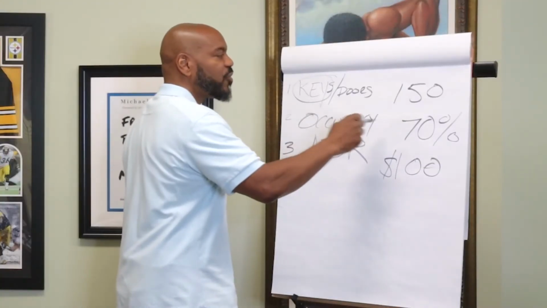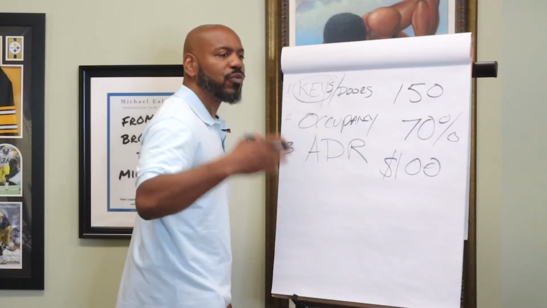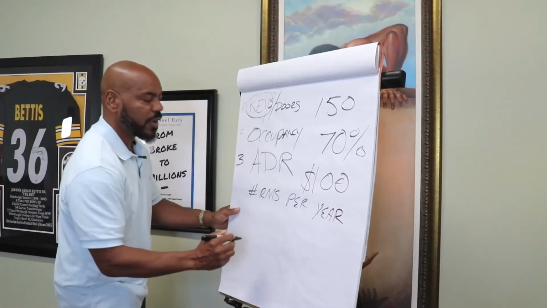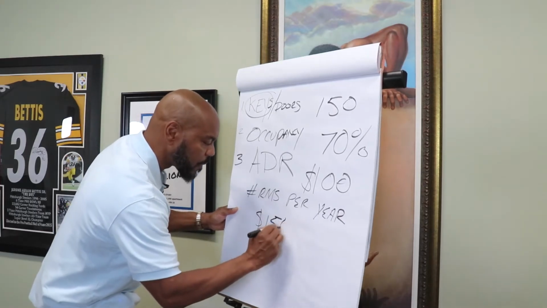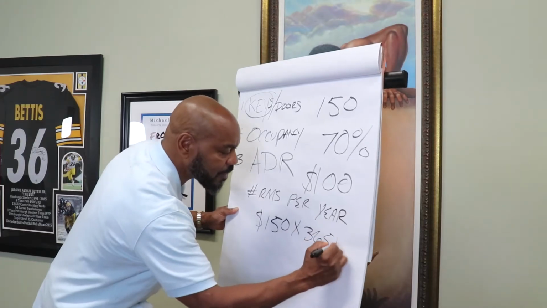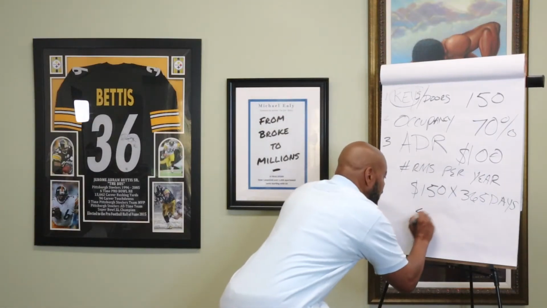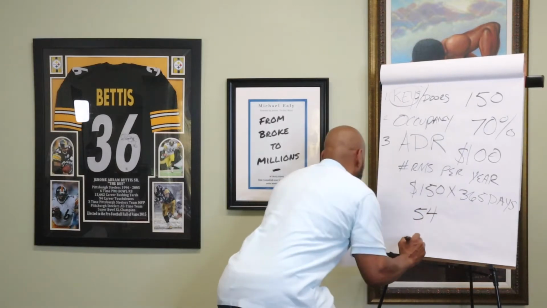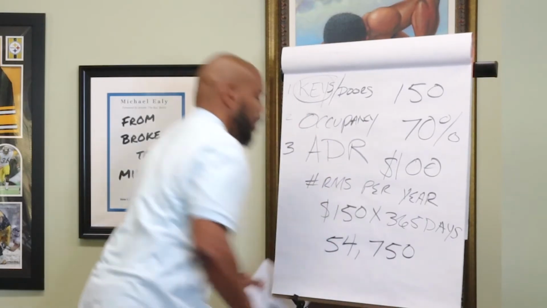If you have the doors, you need to determine what's the total available rooms per year. So you say 150 times 365 days. That means you have over 54,750 rooms available.